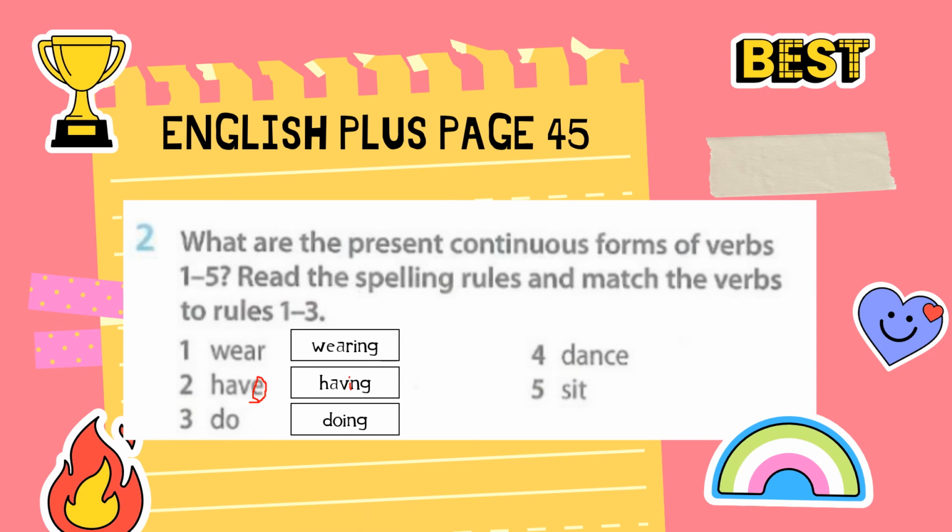Dance. We have E over here, so remove the letter E and add ing. It will become dancing. And last but not least, sit. We have vowel and we have consonant, so you need to double the final consonant and add ing. It will become sitting.